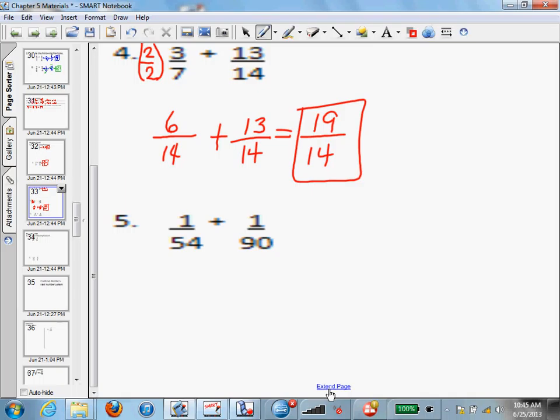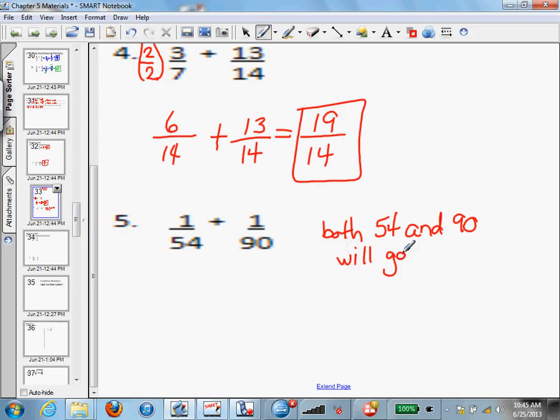So we can say that both 54 and 90 will go into some number, and in this case we're going to use 270, because if you look, 54 and 90 will both go into 270.